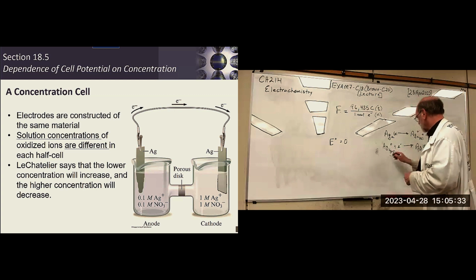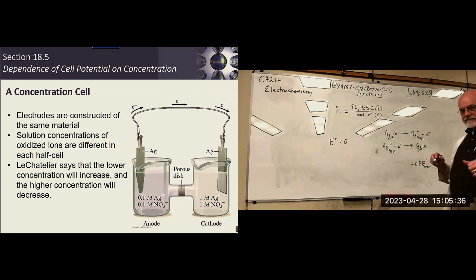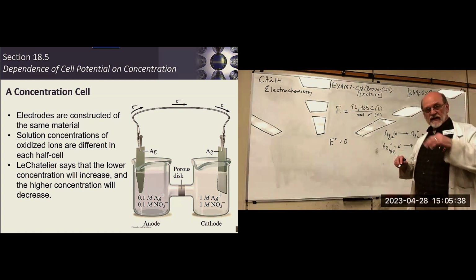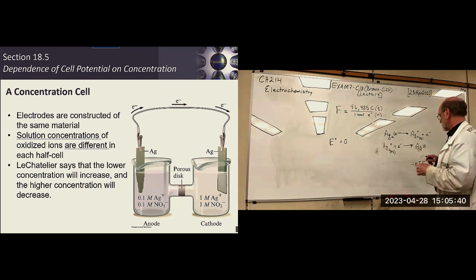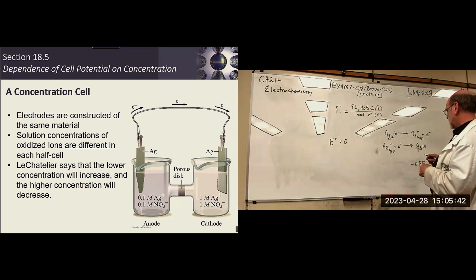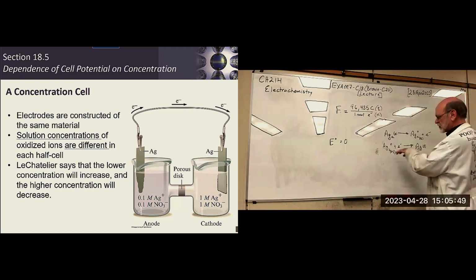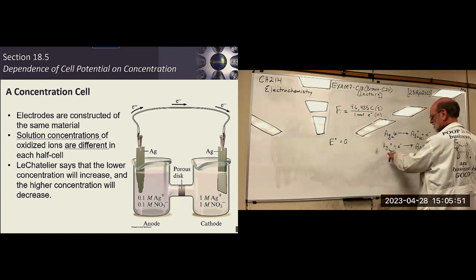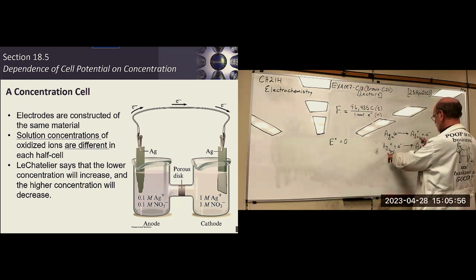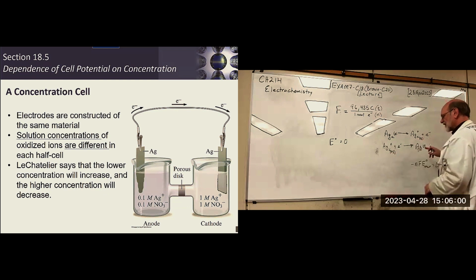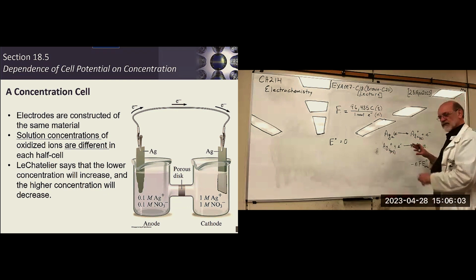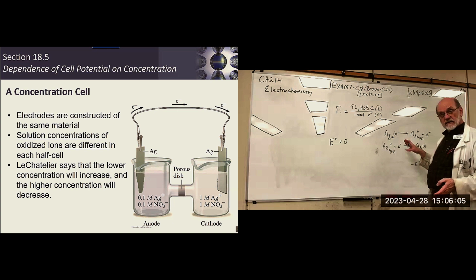This is aqueous solution. Okay. So when you put them together, this will be the lower concentration. This will be the higher concentration. So what's going to happen? Well, they're not at equilibrium, right?